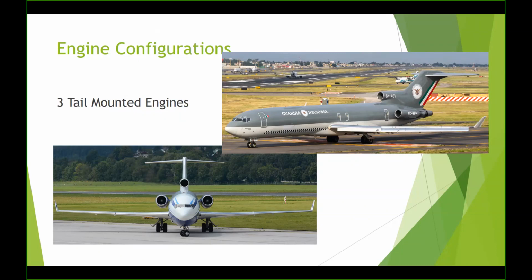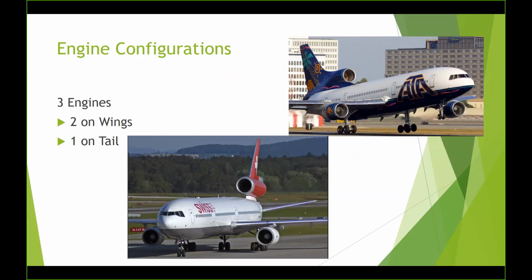The other tri-jet configuration is 3 engines where 2 of them are on the wings and 1 is on the tail. You can see both these aircraft have a pair of engines mounted on the wings. The bottom left, the Swiss airplane, is an MD-11 where the whole engine is up in the tail itself. That's where I was talking about, where a 3rd engine can be mounted up in the tail.